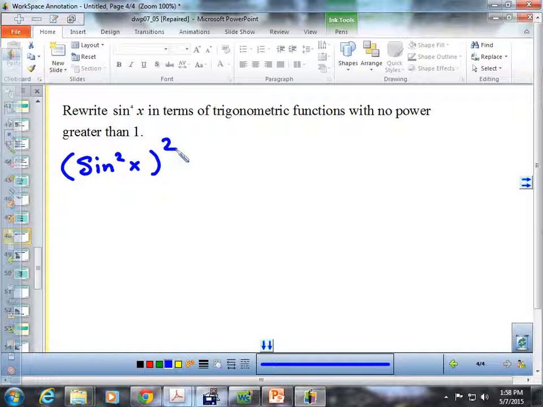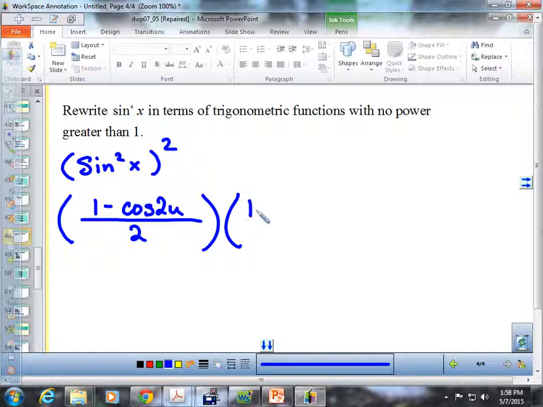But from my power reducers, I know that sine squared is equal to 1 minus cosine 2u divided by 2. And then another one, 1 minus cosine 2u divided by 2.